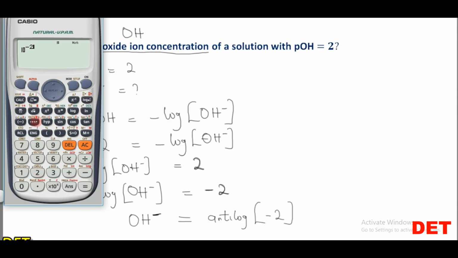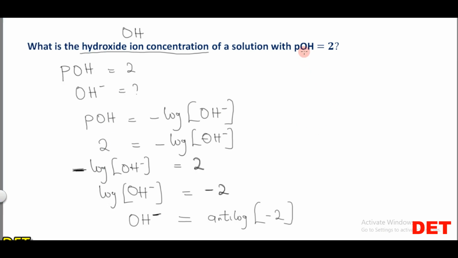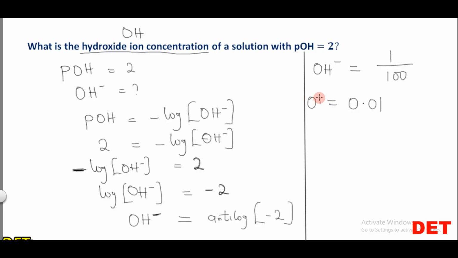The log inverse of minus 2 is equal to 1 over 100. So my hydroxide ion concentration is equal to 1 over 100, and 1 divided by 100 gives us 0.01.